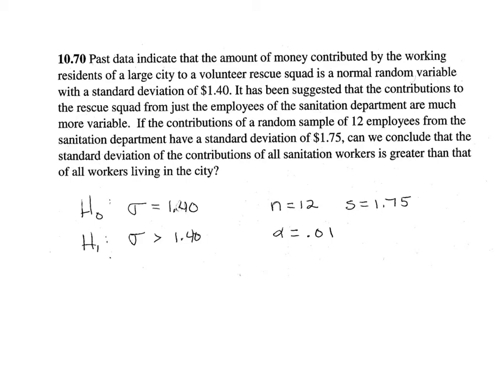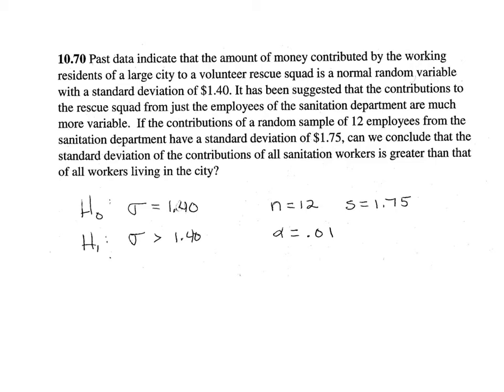If the contributions of a random sample of 12 employees from the sanitation department have a standard deviation of $1.75, can we conclude that the standard deviation of the contributions of all sanitation workers is greater than all workers living in the city?